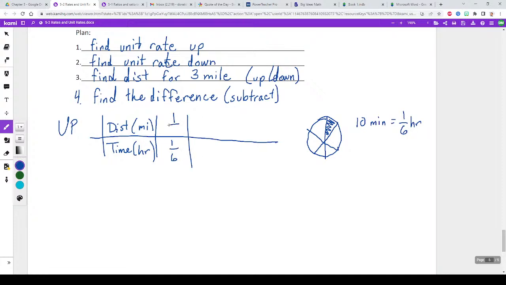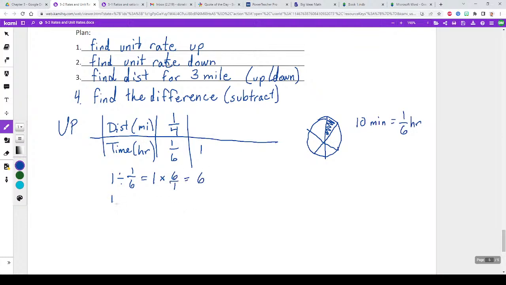We have 1/4 mile walked going up. We want the unit rate. So we want the time to be 1 hour. So what we're going to do then is we're going to go 1 divided by 1/6. I got a little ahead of myself, sorry. 1 divided by 1/6. That's the same as 1 times 6 over 1, which is 6.